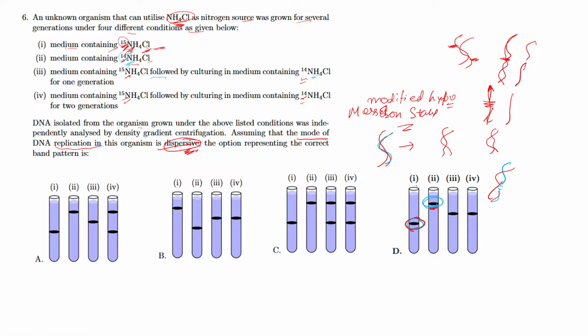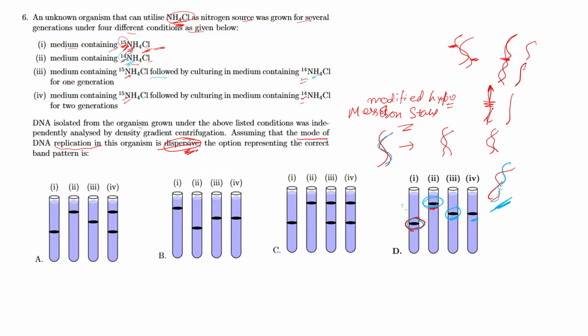So first I cultured in N15, then in N14. So I will get a medium range, a hybrid of these two. Some strands will have an N14 label, some strands will have an N15 label. So this shows the hybrid DNA over here.